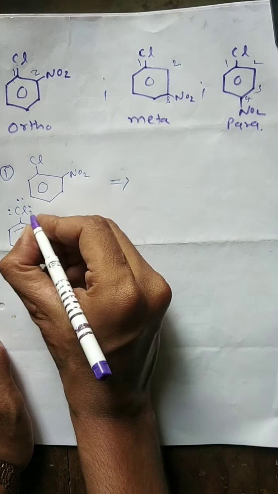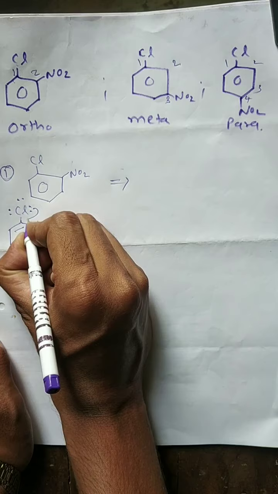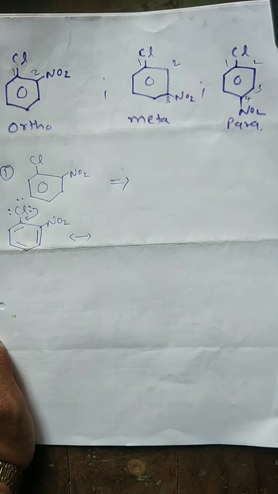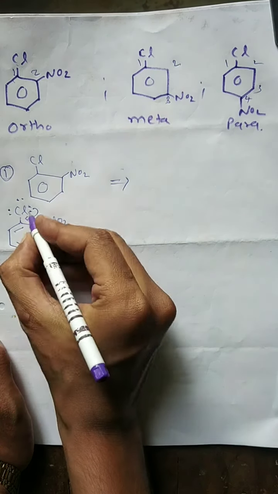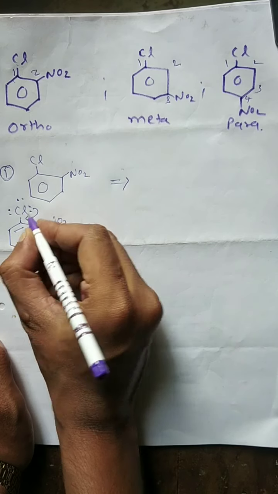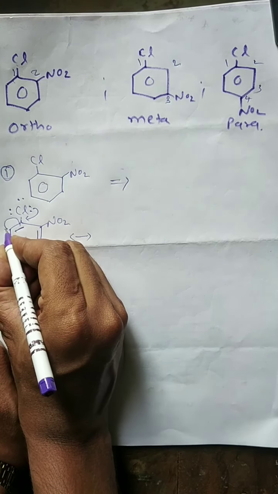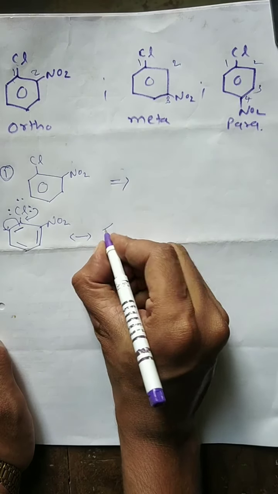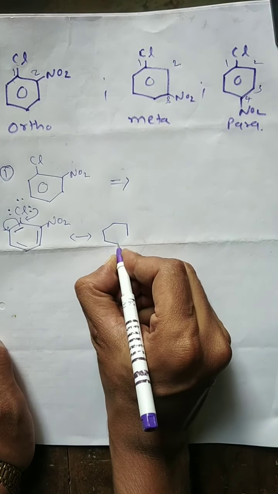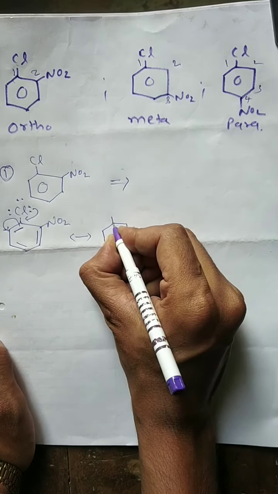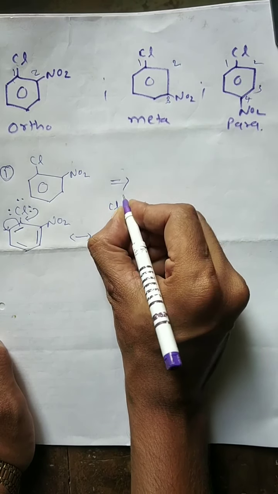Now, what will happen? One of that pair participates in resonance. So it will make a double bond here, and this double bond will break and make a negative ion here. So the new structure will be like this.